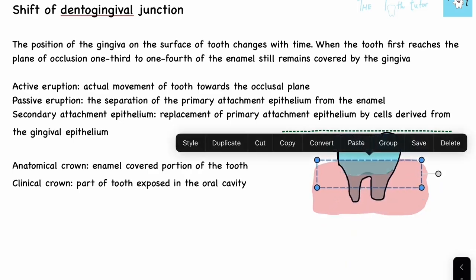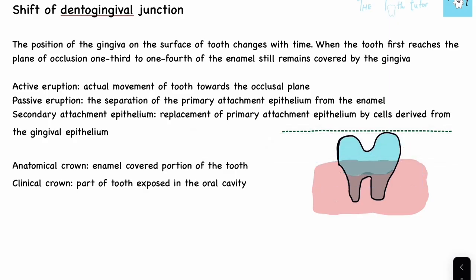So when the tooth reaches the plane of occlusion, you can see that one third of the enamel, so this blue portion was enamel, right? One third of this enamel portion is covered by the gingiva. So this is called active eruption, when the tooth is going towards the plane of occlusion.